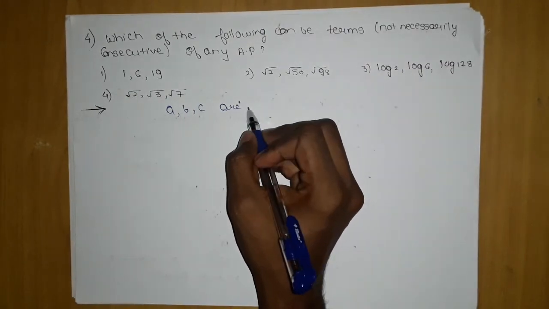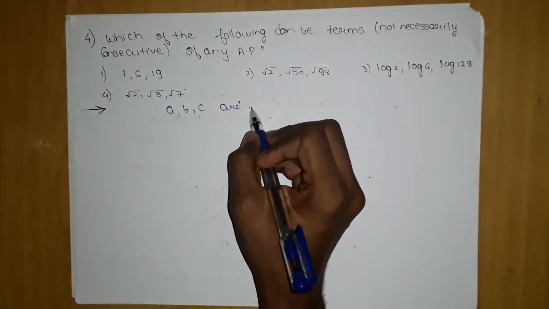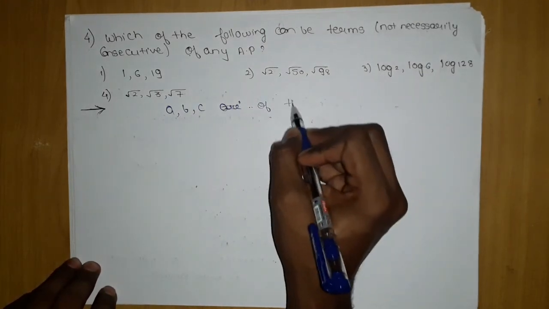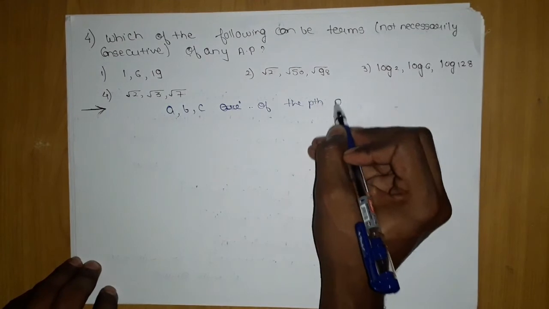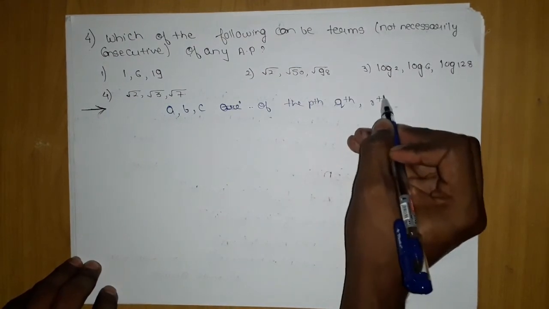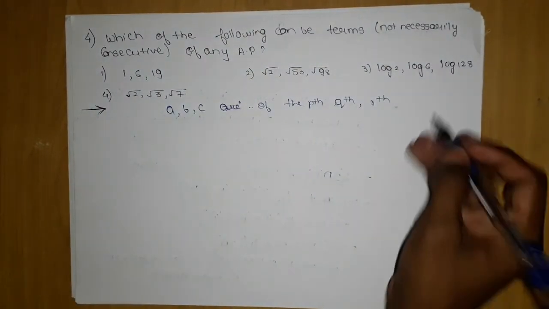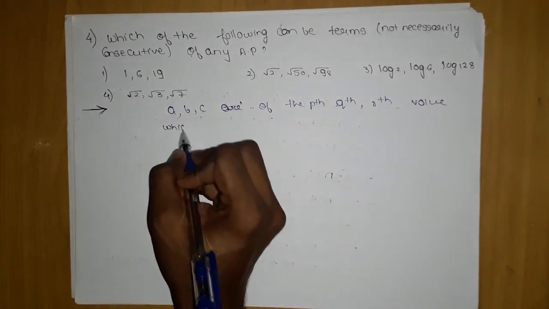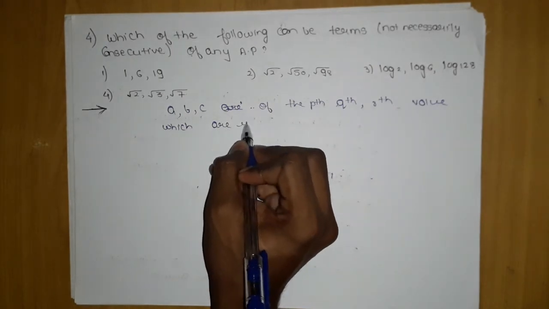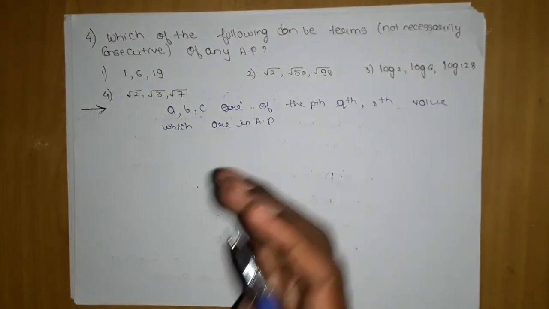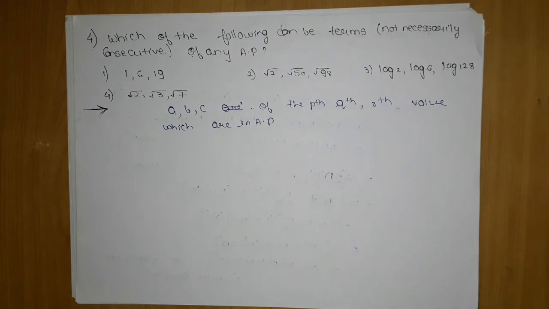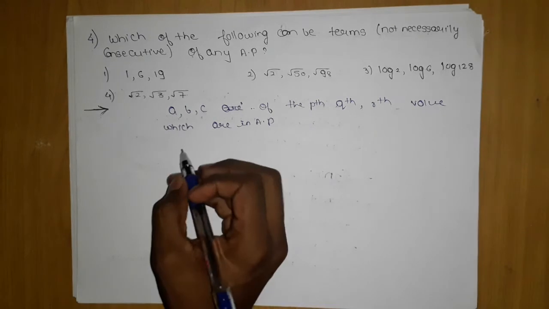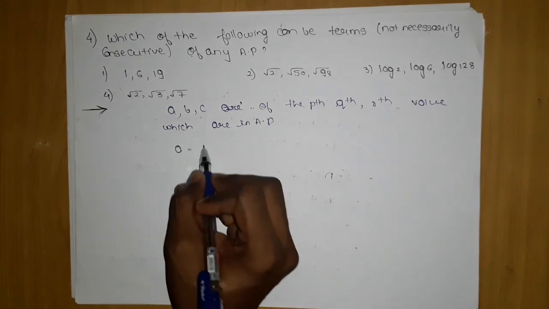A, B, C are the pth, qth and rth term values, and which are in AP. Which of the following can be the terms? These are the terms they have given. They can be in AP. So the basic general idea is that A will be what?